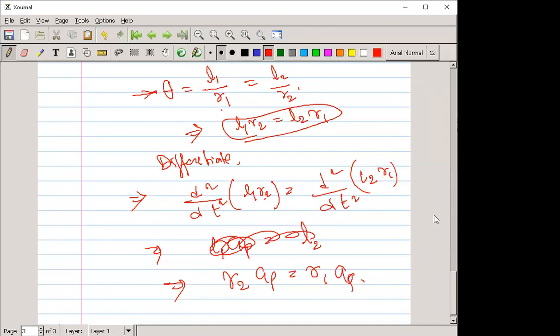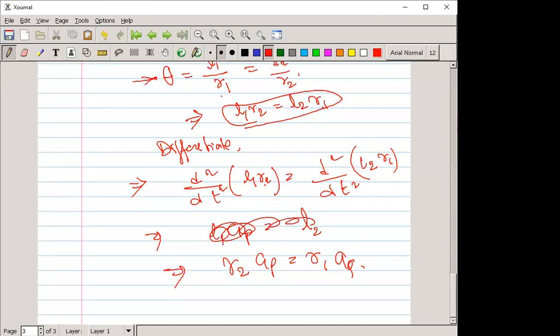So we can write that AQ is equal to AP into R2 by R1.